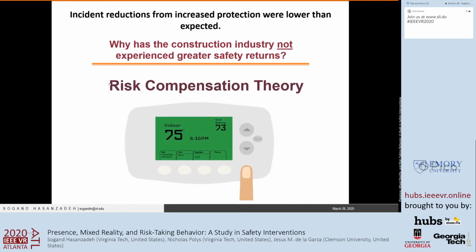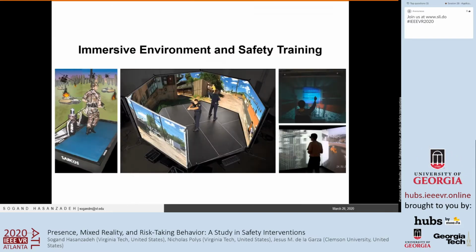Risk compensation is analogous to a thermostat of at-risk behavior, similar to a thermostat which has a set temperature and activates when the temperature deviates. Individuals adjust their risk-taking behavior based on their perceived risk and benefit associated with the situation.